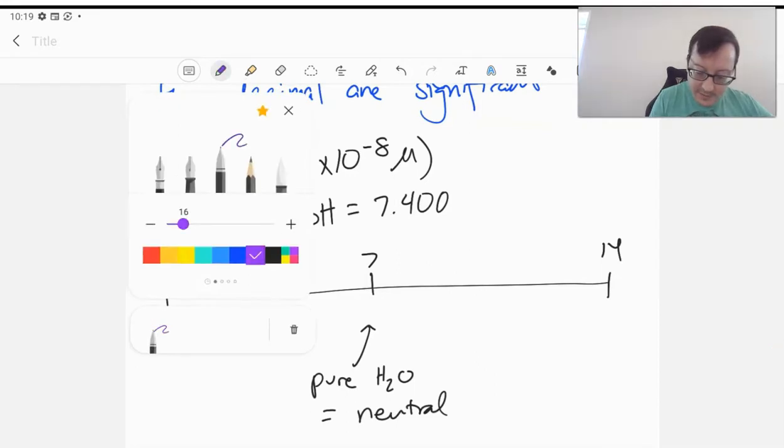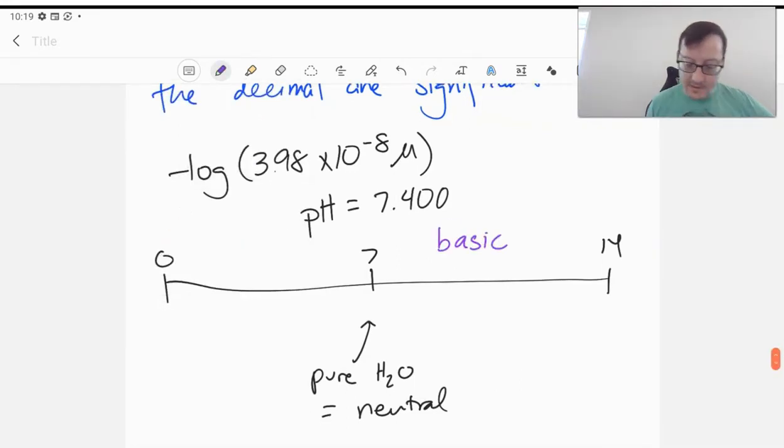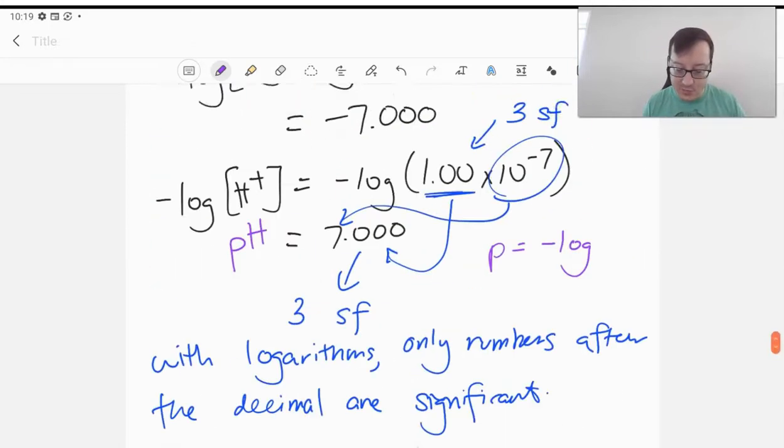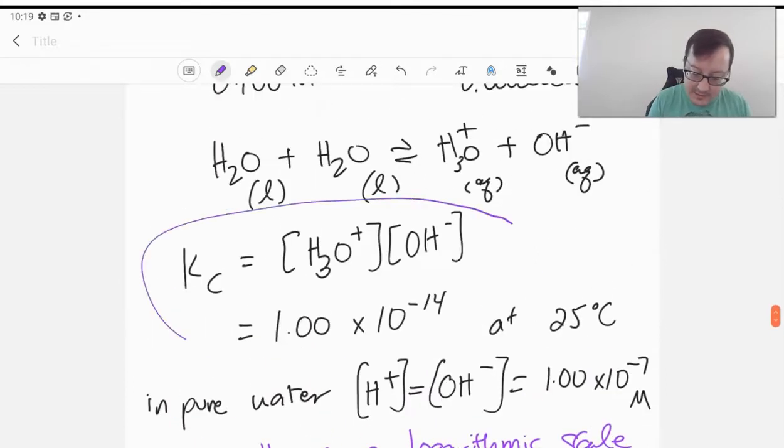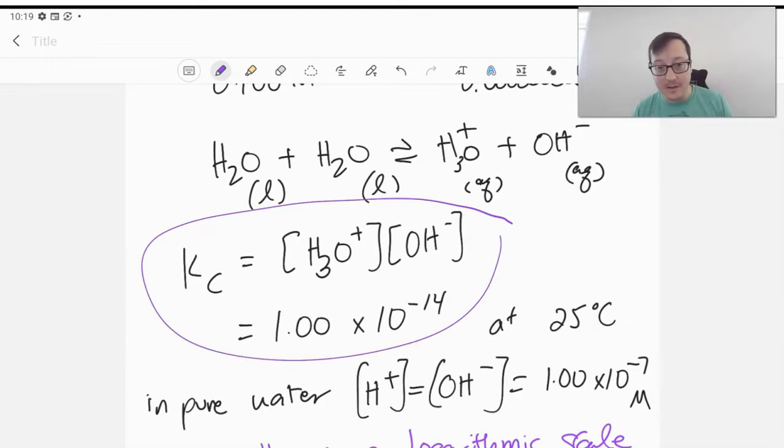Anything greater than 7 we will call basic. And because the concentration of OH minus and H plus is a constant, that's a fixed value, if your H plus happens to be a little bit less, that means your OH is more, right? Because the two have to multiply together to make our constant. And so, by the way, we often call this constant Kw, the water ionization constant.